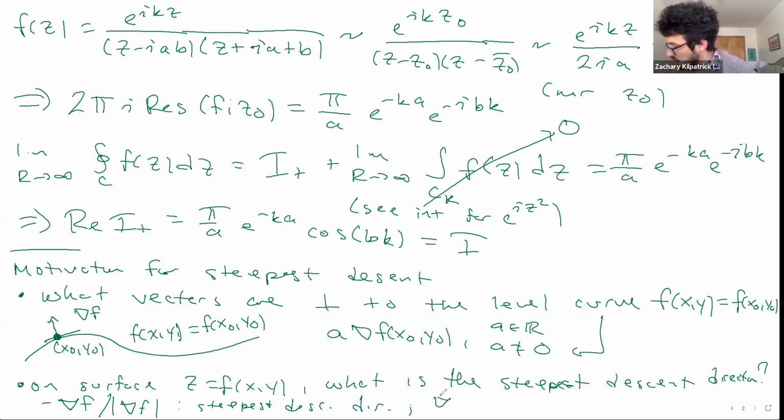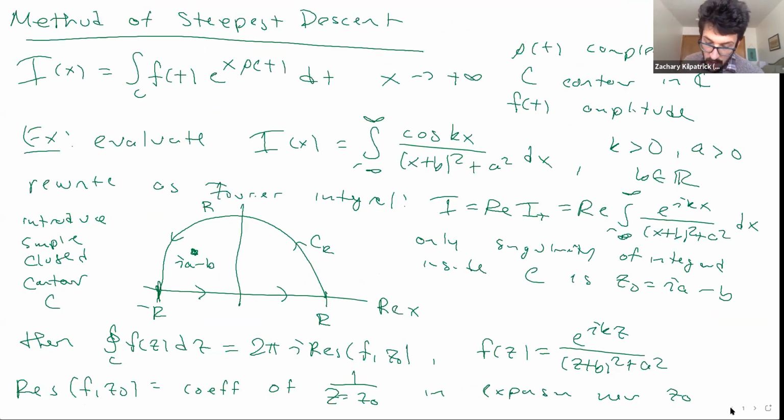And by that same token, the gradient of f divided by its magnitude is going to be our steepest ascent direction, okay, from vector calculus. So how does this tell us something about integrals or integrands of steepest descent problems?